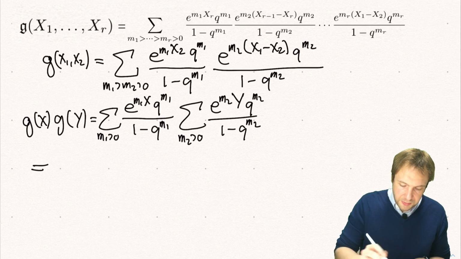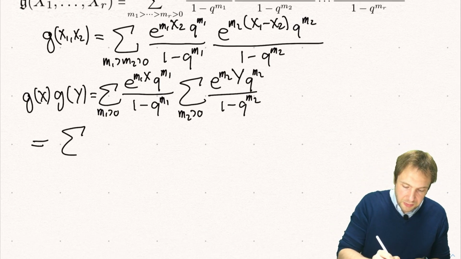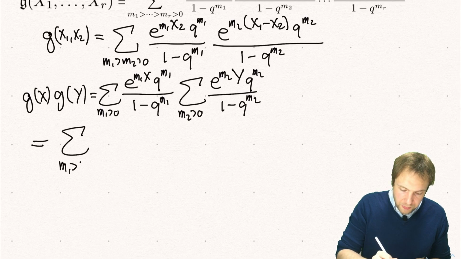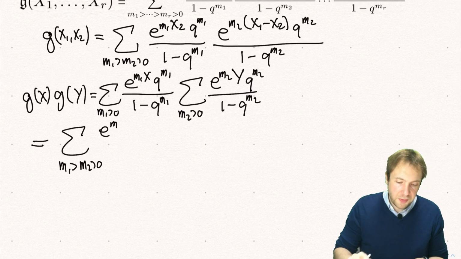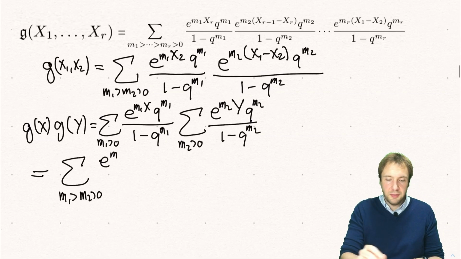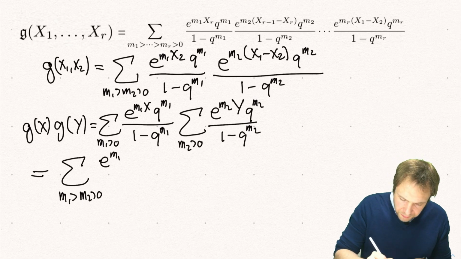And again, so now what will we get for m1 greater than m2 greater than 0? Well, this is now just not just the g in depth 2, because we have something like this.